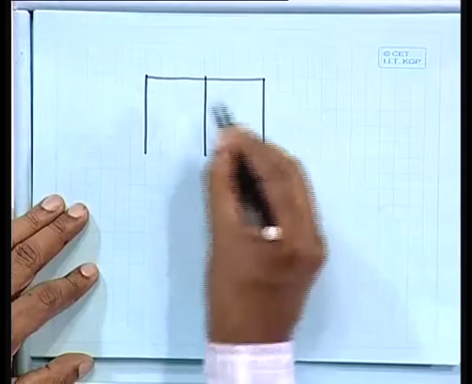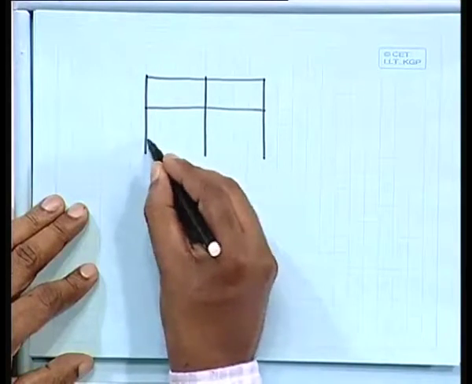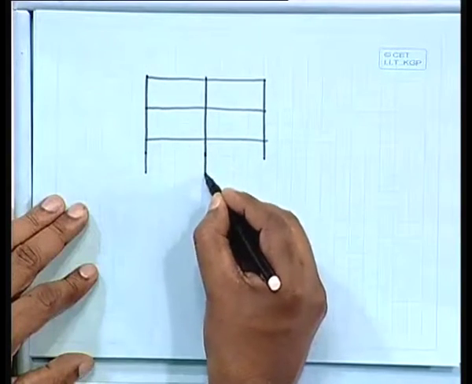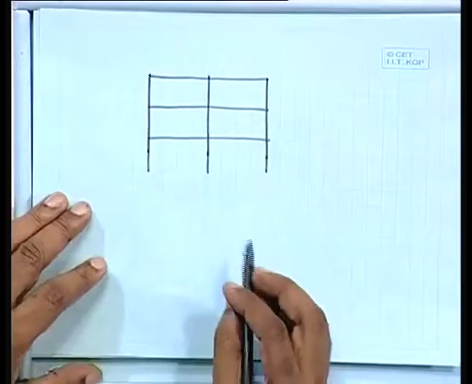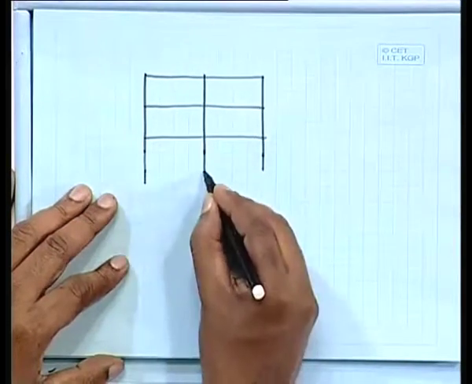Generally it happens that when you are having say column here, let us say these are the different columns. We are talking about one frame. It happens that we can also provide the tie beam.